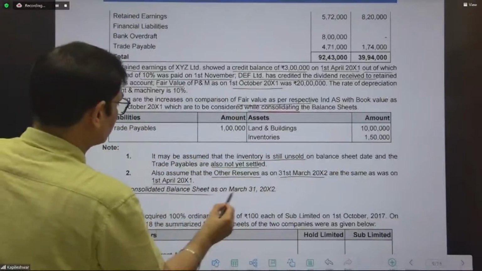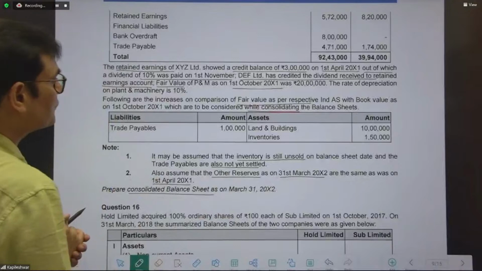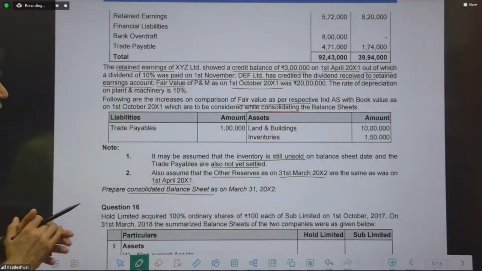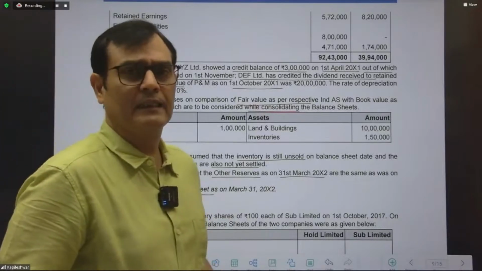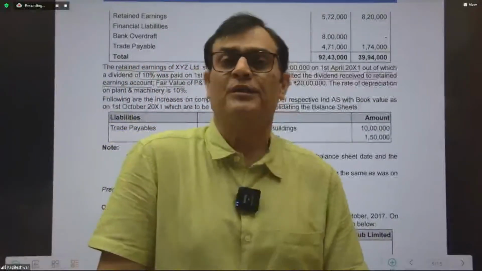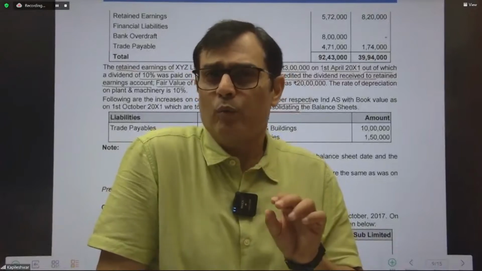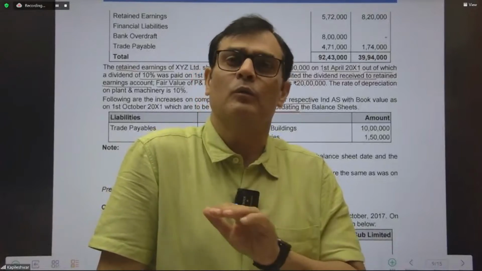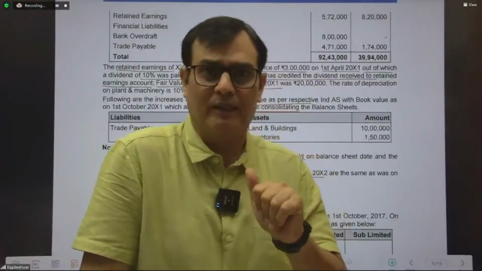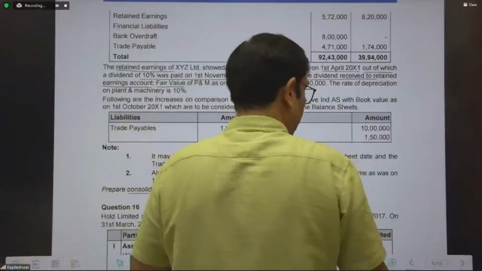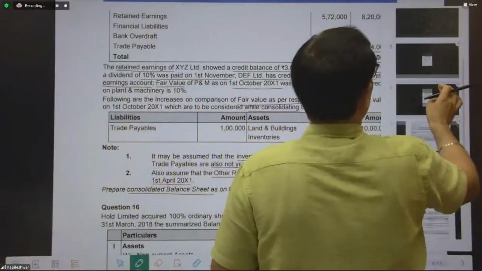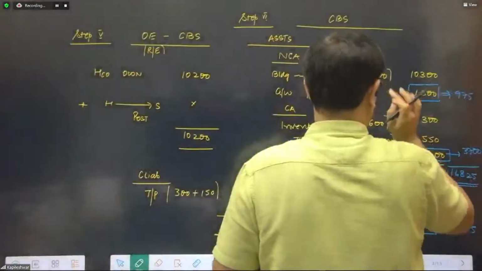We are required to make a consolidated balance sheet on 31st March X2. So a couple of adjustments are given, and typically those adjustments are with reference to the fair value adjustments of assets and liabilities. Now, how would they impact my question? We'll see that in the solution. So let's begin. So I'm looking at question number 15. So let's go step by step.